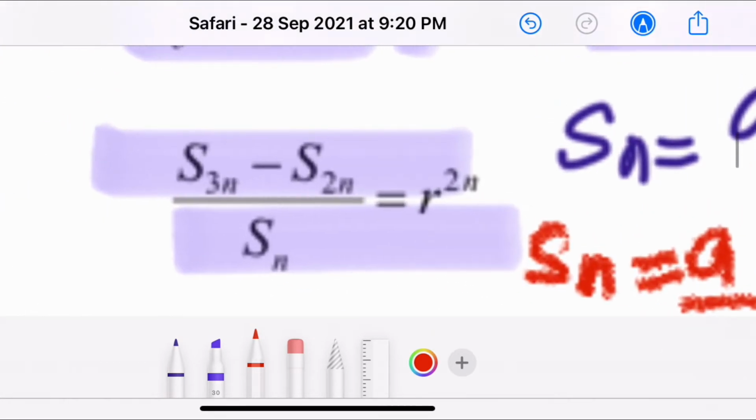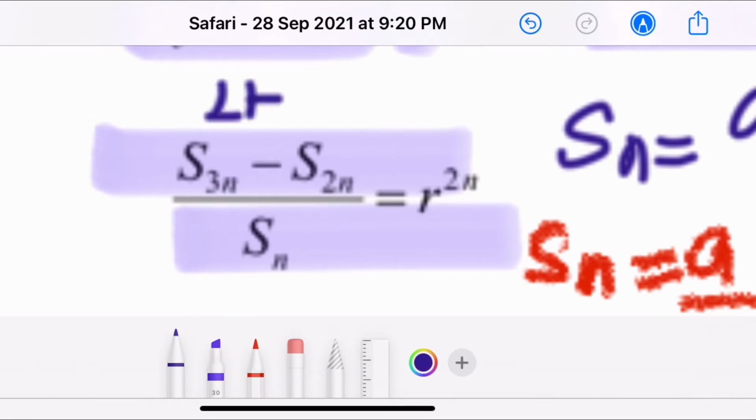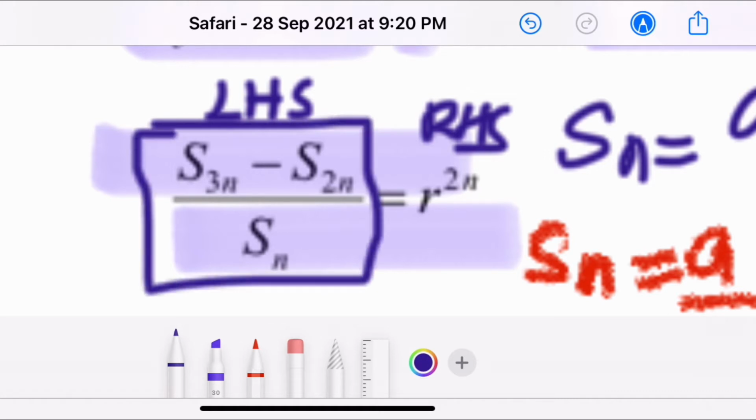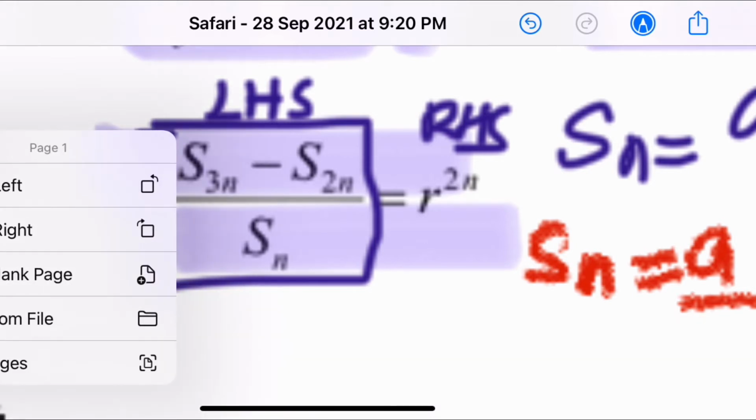For proving, we always start from one side, the left hand side, and then we show all the steps, working to the right hand side. We always start with the side which is more complicated. So let's start from the left hand side.